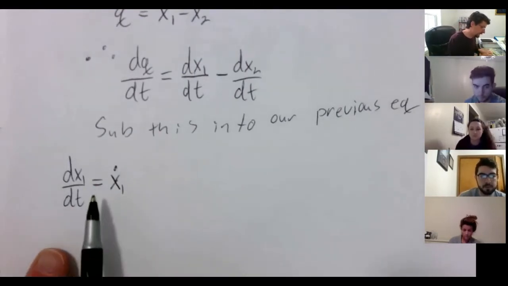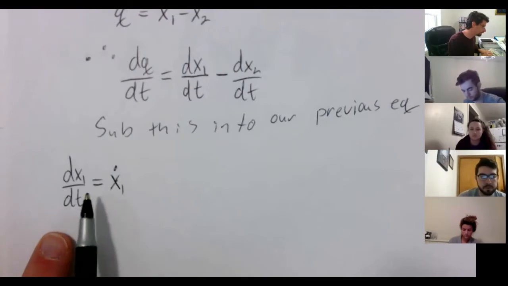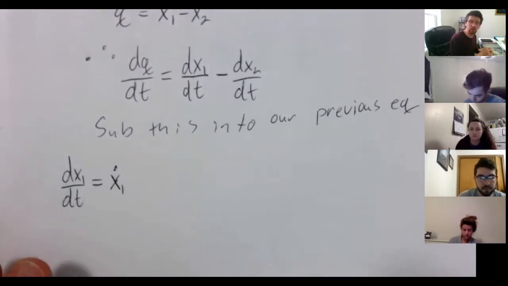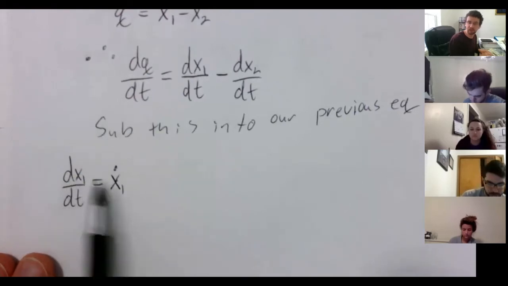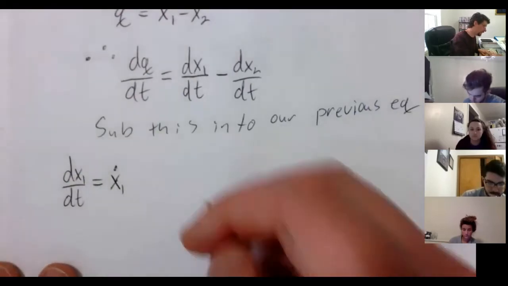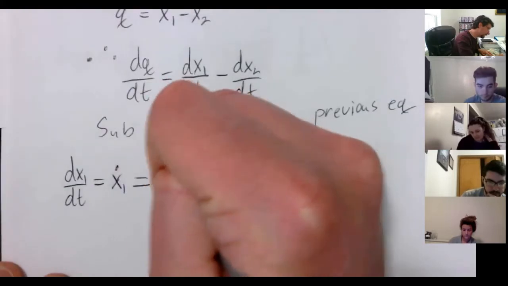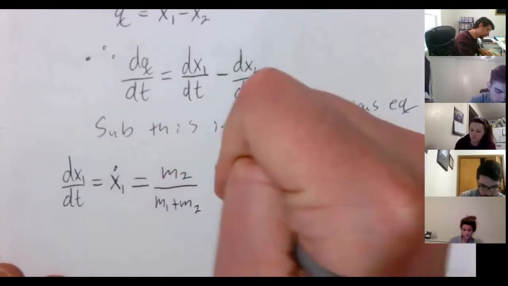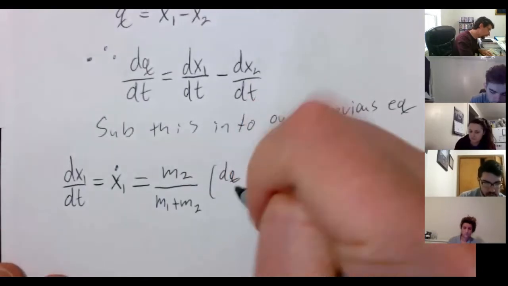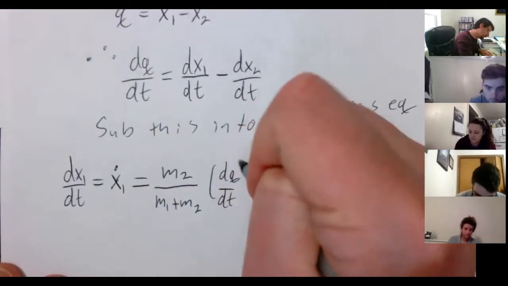They commonly use it in physics a lot, so that way it just makes your life easier. So we could represent that previous equation as dx sub 1 or dx sub 2. We chose dx sub 1. But that's going to be equal to m2 over m1 plus m2 times dq dt.